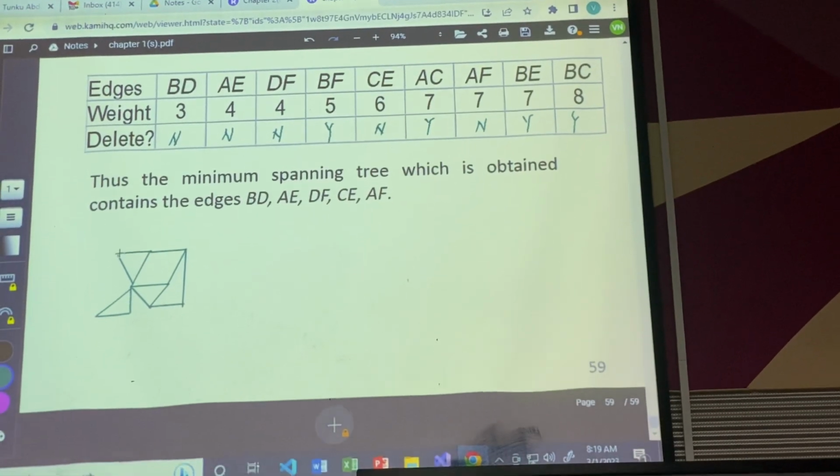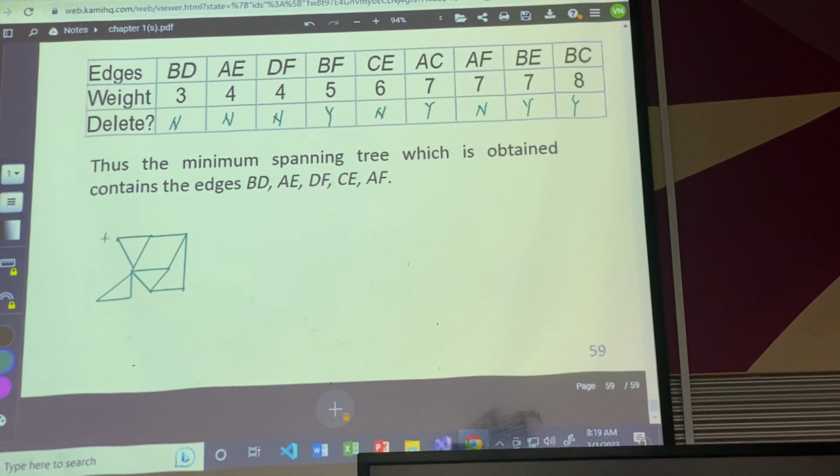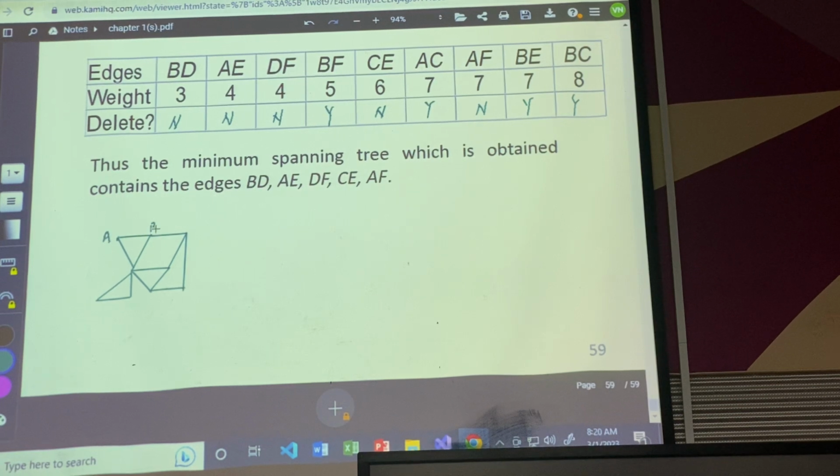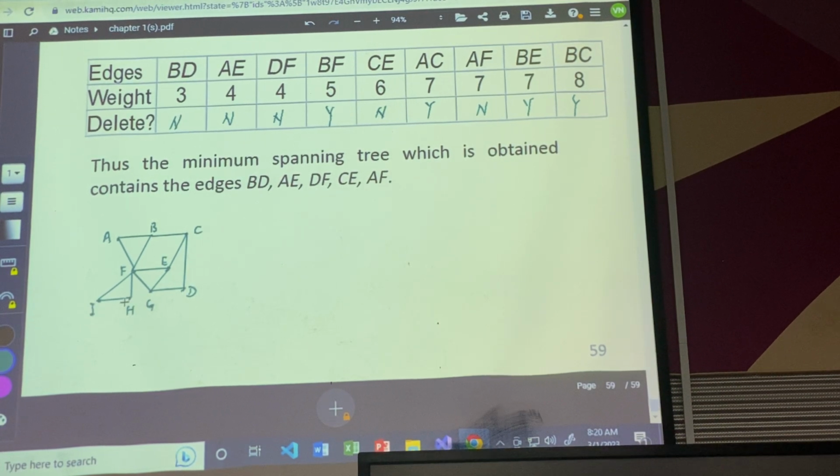Okay, then I will label the weight. So this one is 2. This is 1.